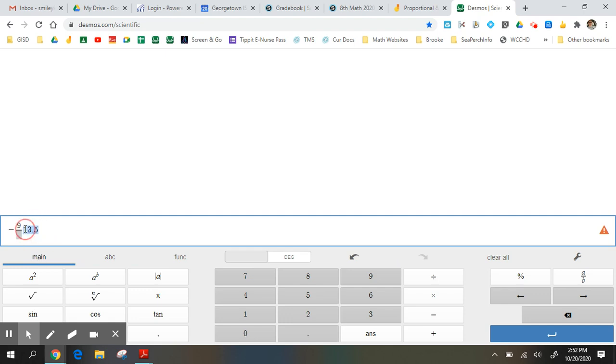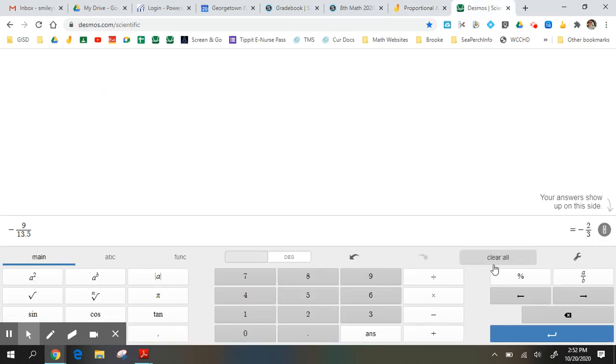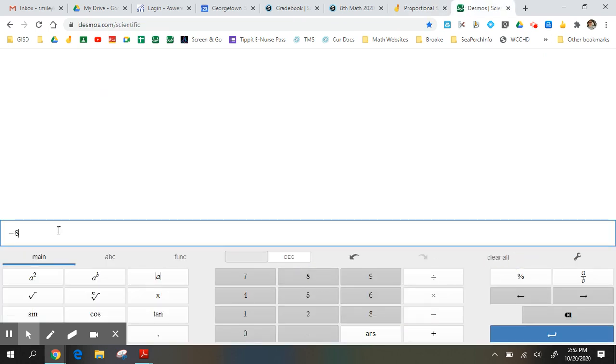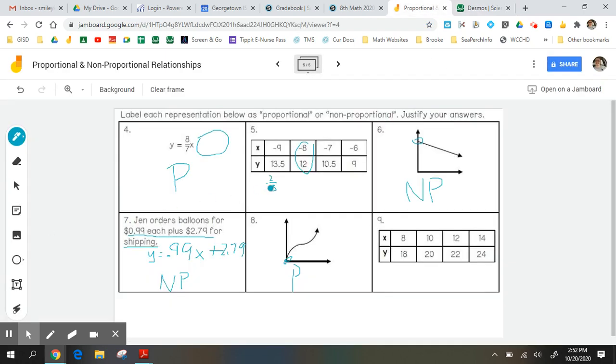Okay, now I can type in 13.5. And you get -0.666 or -2/3. I'm going to write that down. -2/3. Now, I got to see if this one will also give me -2/3. So, clear, -8 divided by 12. It does give me -2/3.